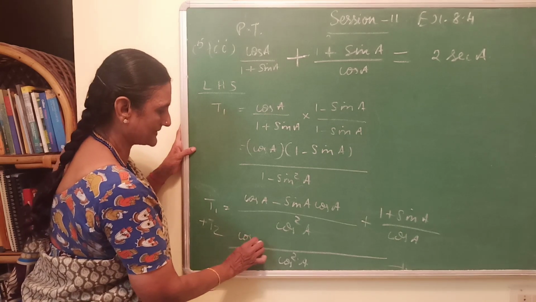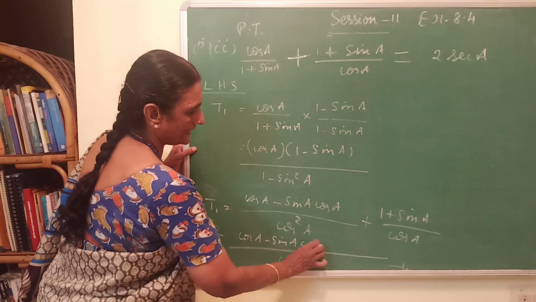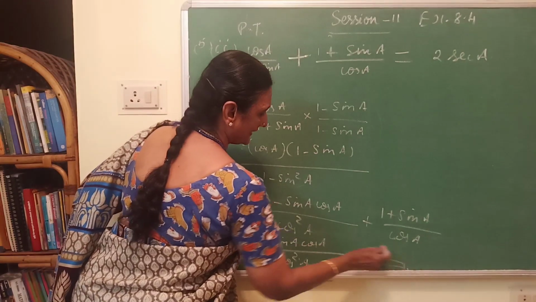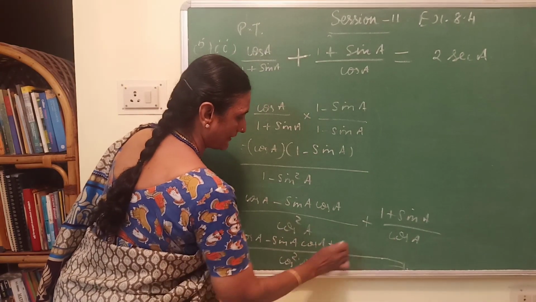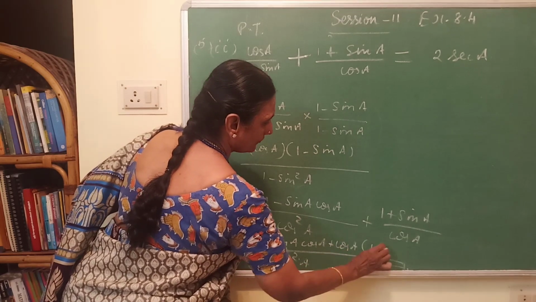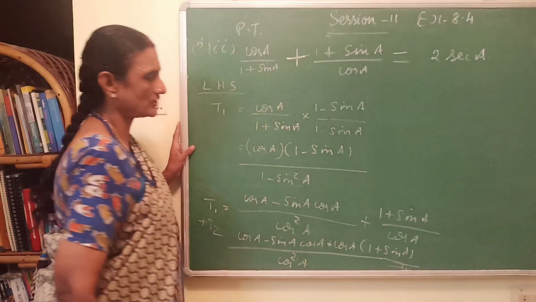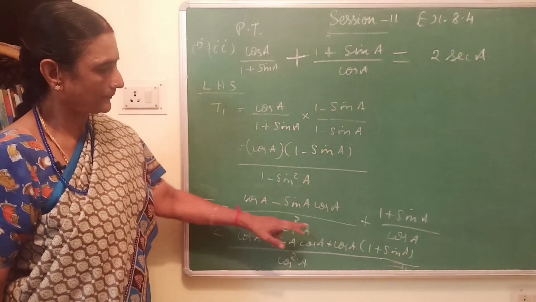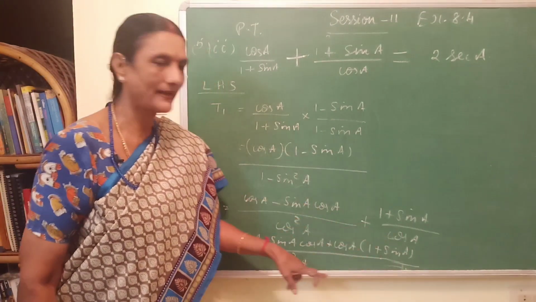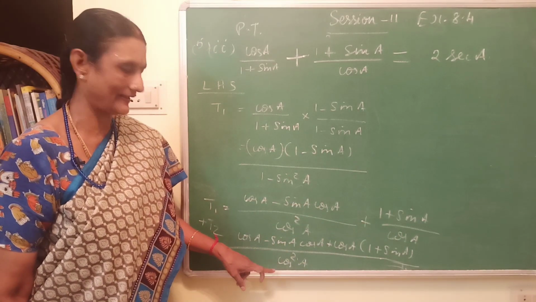The same terms will come, no change: cos A minus sin A cos A. But for the denominator cos A, we have to multiply by cos A for balancing it, and then 1 plus sin A. So have you understood? Once again you go through. Here both the terms are combined. In order to combine, you have to take the common denominator as cos square A.